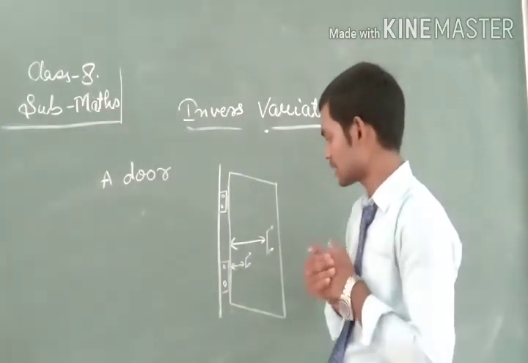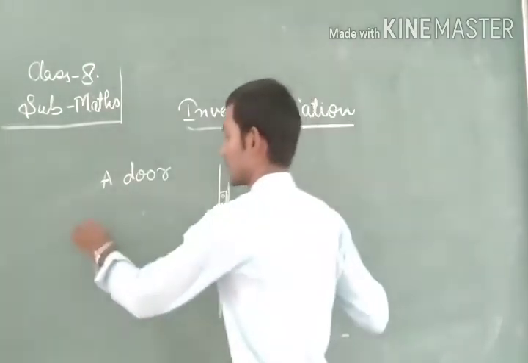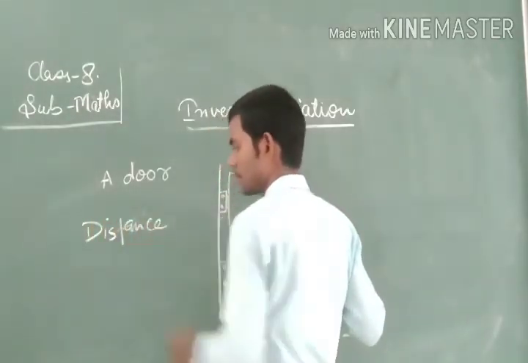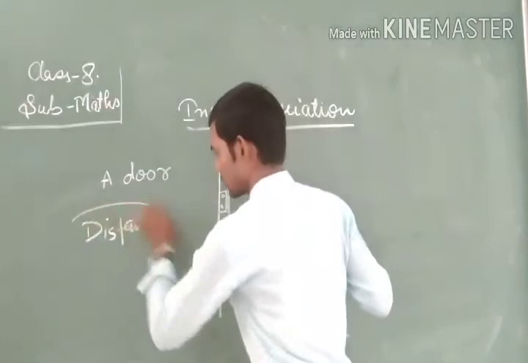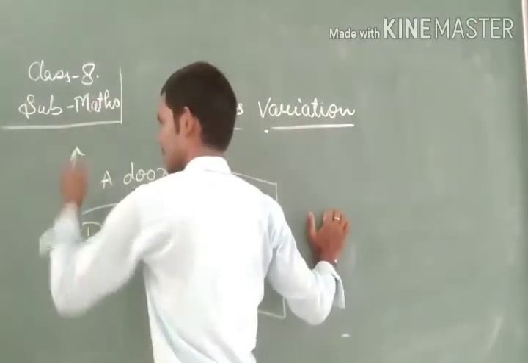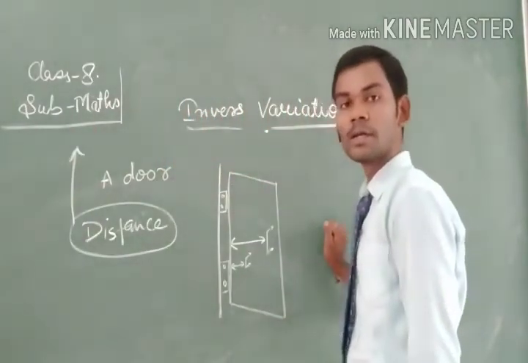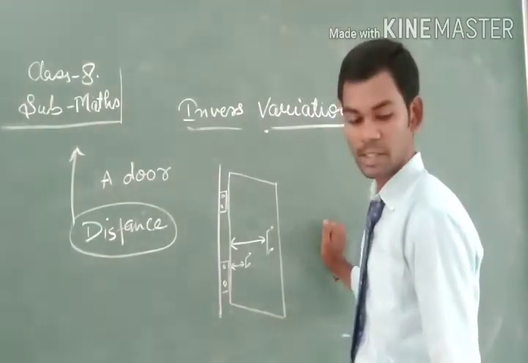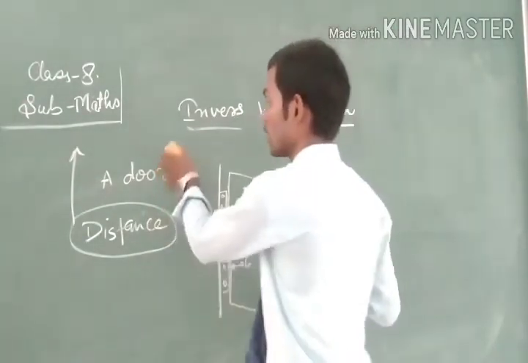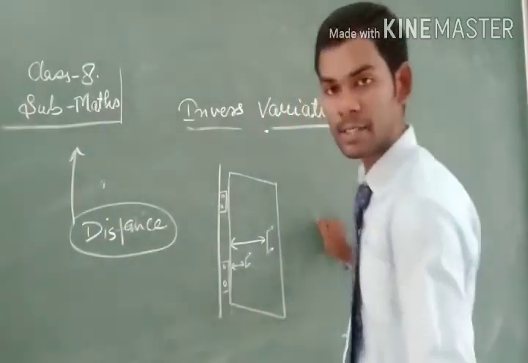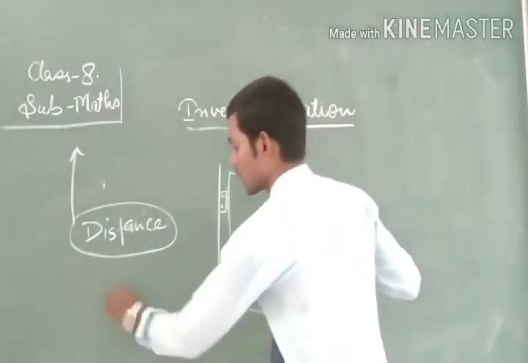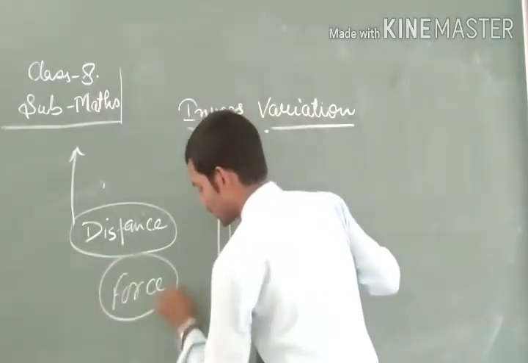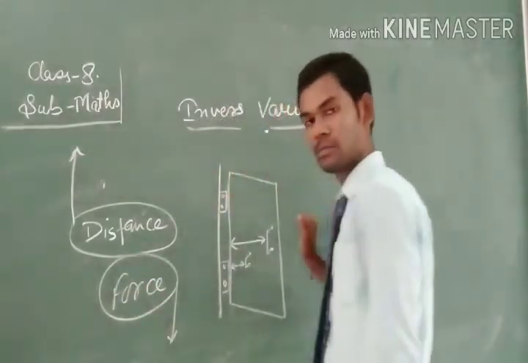So here we can see that if the distance increases, or you can say that if the distance is maximum, then the force required to open or close the door is minimum.